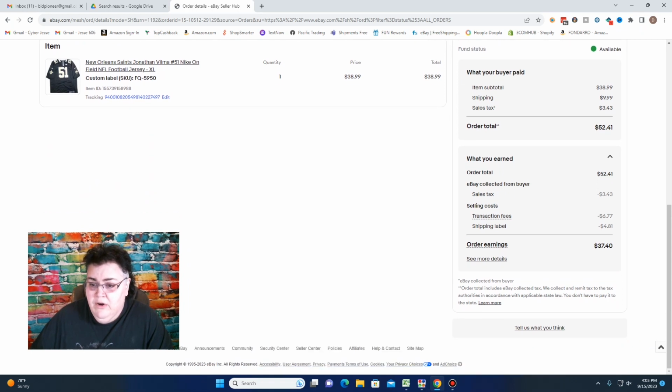Then you go down here, they take the sales tax out, then they're going to take the transaction fees out, they're going to take the shipping out, and for an item that we sold for $38.99, we're actually making a profit of $37.40 because the profit we made from the shipping here actually paid almost for all of the eBay transaction fees.